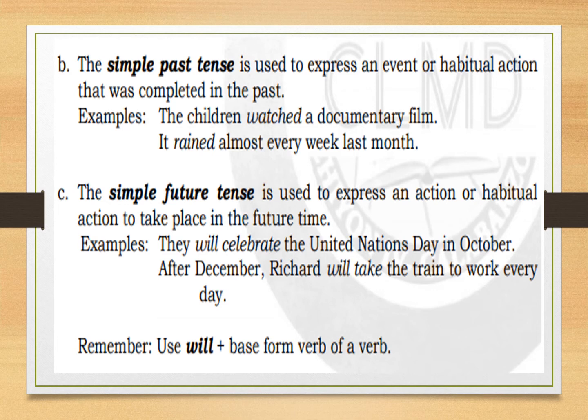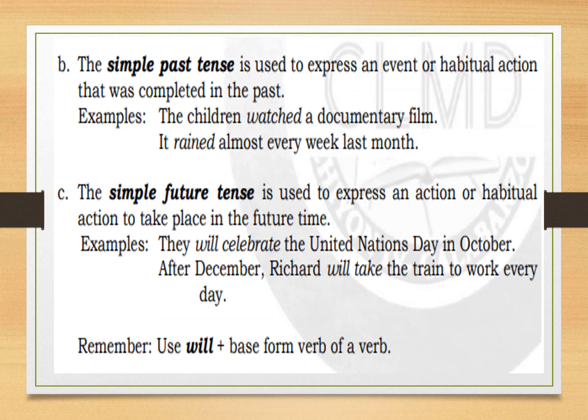Letter B. The simple past tense is used to express an event or habitual action that has completed in the past. Examples: the children watched a documentary film. It rained almost every week last month. Letter C. The simple future tense is used to express an action or habitual action to take place in the future time.